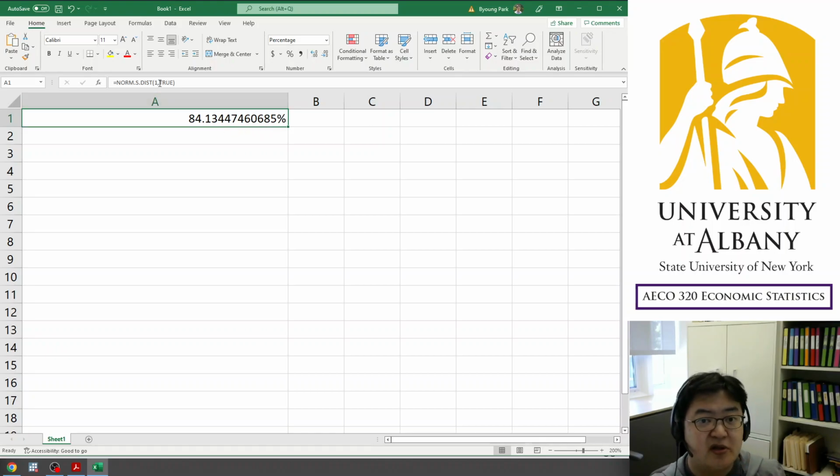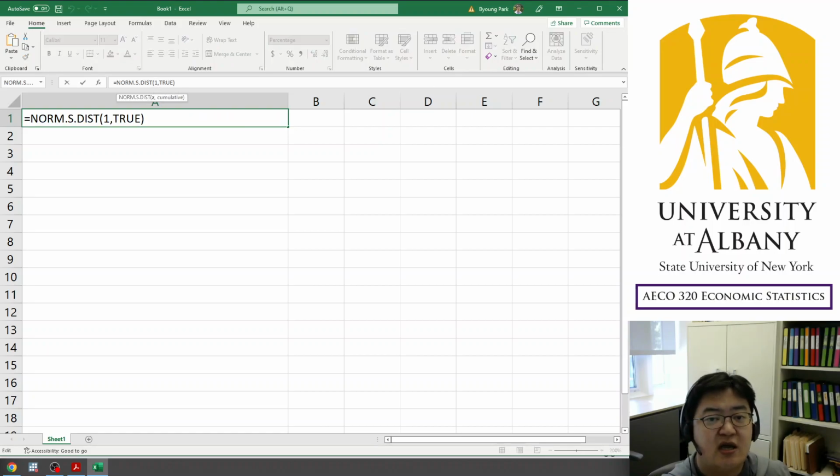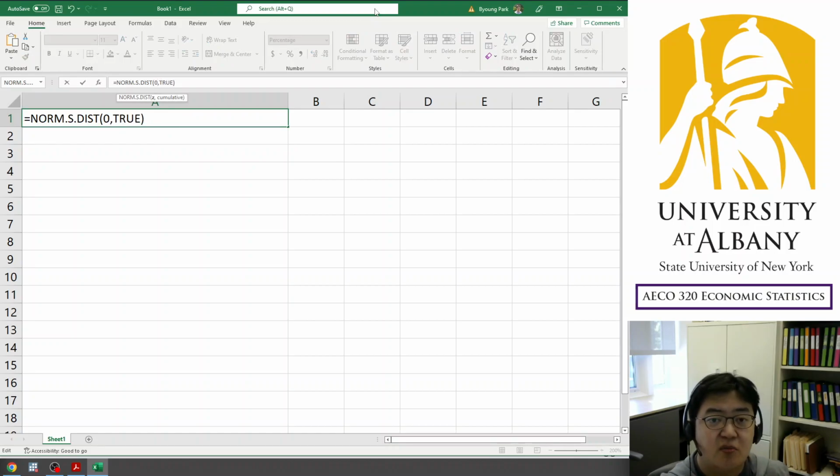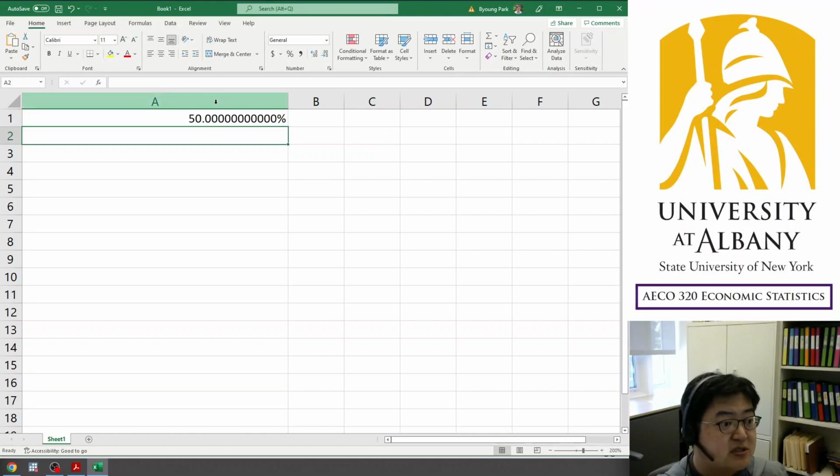This is the probability smaller than 1. If you change it to, say, 2, the probability will increase to 97%. So as you can change this number, the probability smaller than 0 is 50%, as it should be, right?